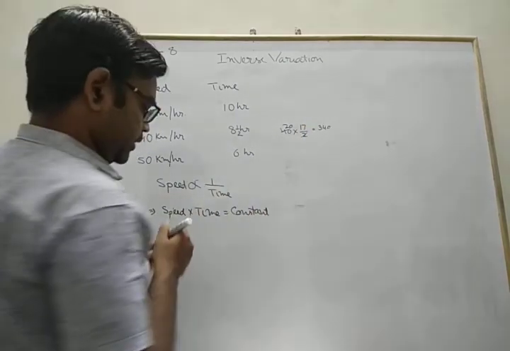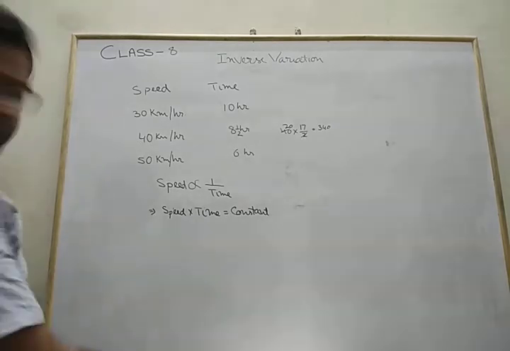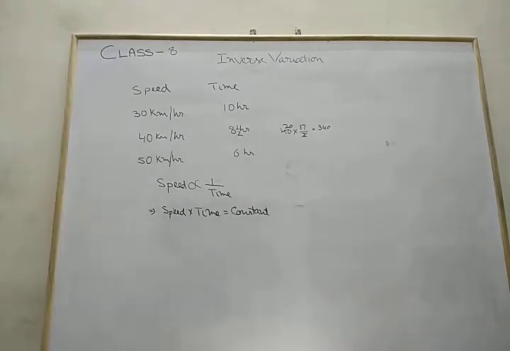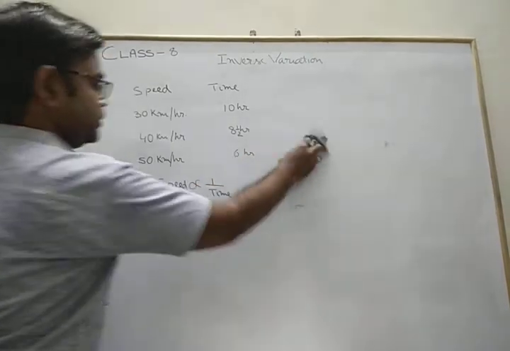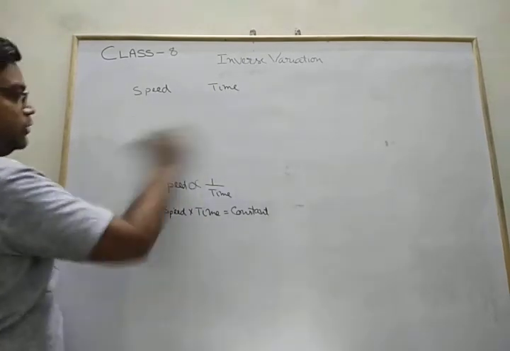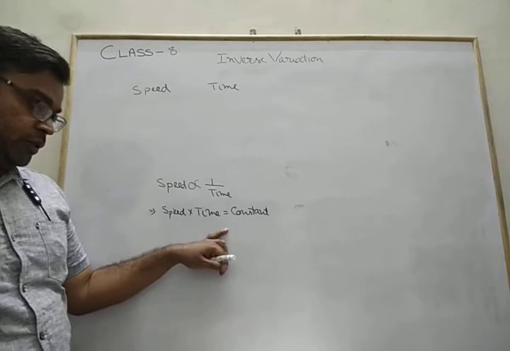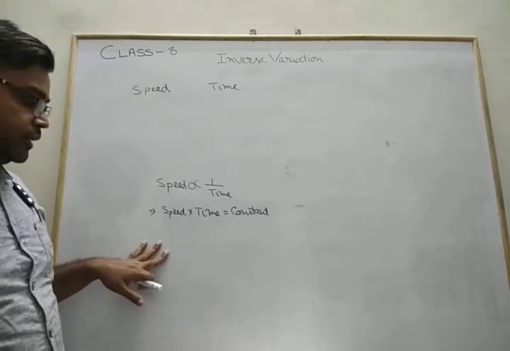It's not constant here because these numbers are only an example, so leave it as this. I'm writing this because it's really confusing. So this speed into time is a constant. I think it's clear.